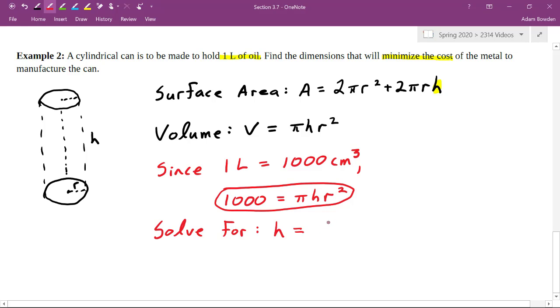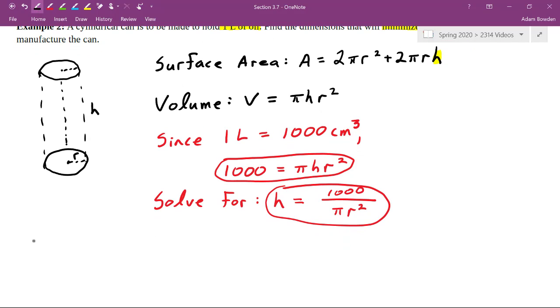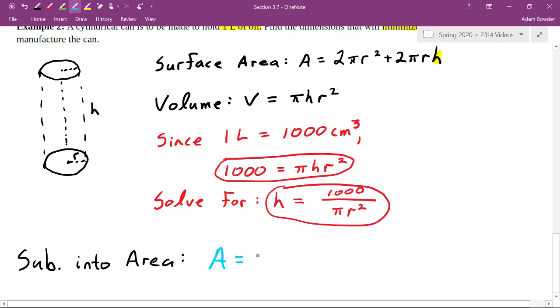If I solve this for h, it's going to look like 1,000 over pi r squared. So that's what I'm going to substitute into the surface area. It's going to look a little bit weird, but it'll work. We'll get A is equal to 2 pi r squared plus 2 pi r times 1,000 over pi r squared.